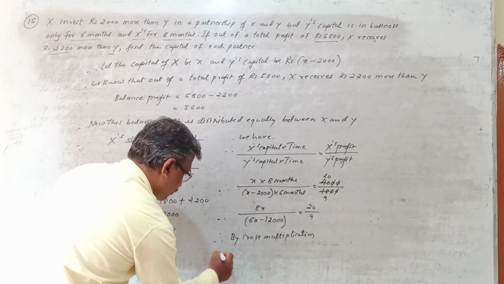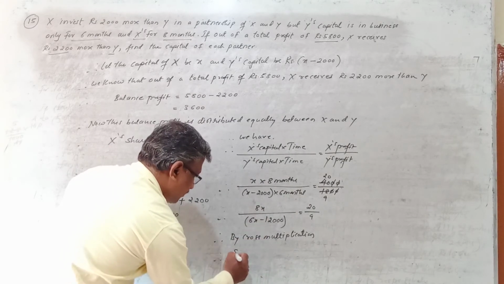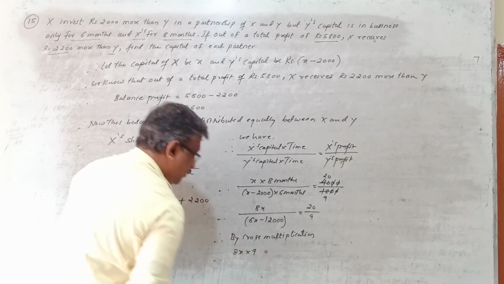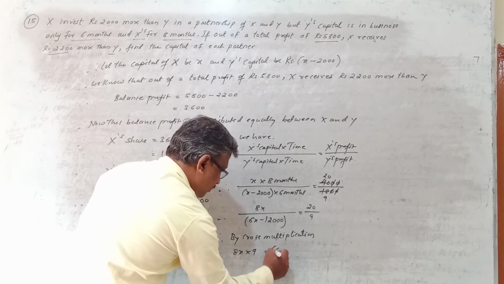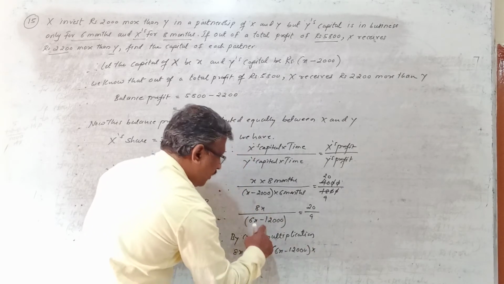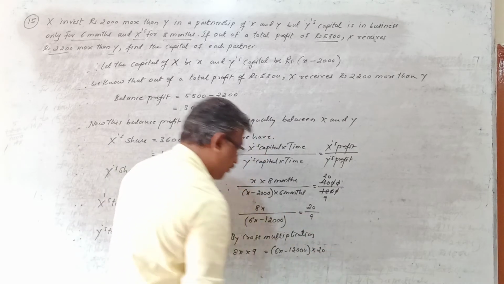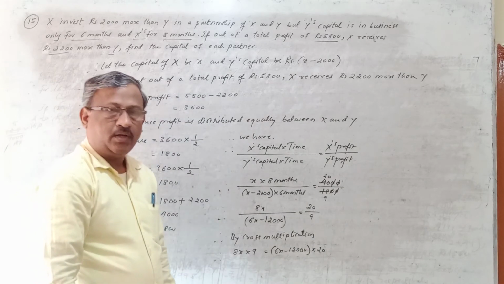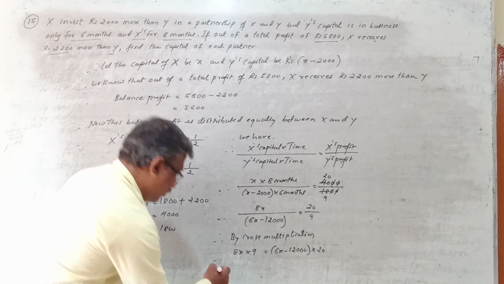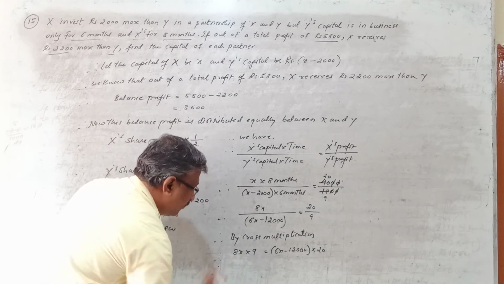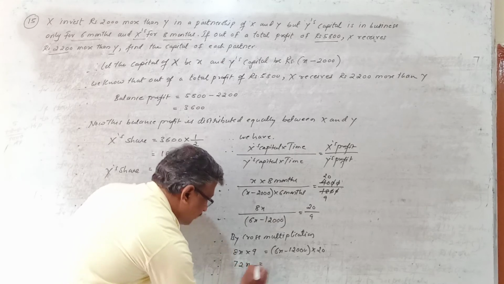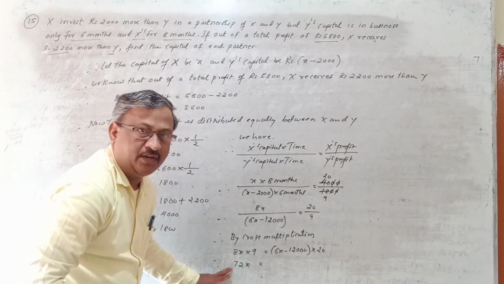So multiply. 8x multiplied by this 9 is equal to this 6x minus 12,000 multiplied by 20. Now you multiply this. 8x multiplied by 9 gives 72x.